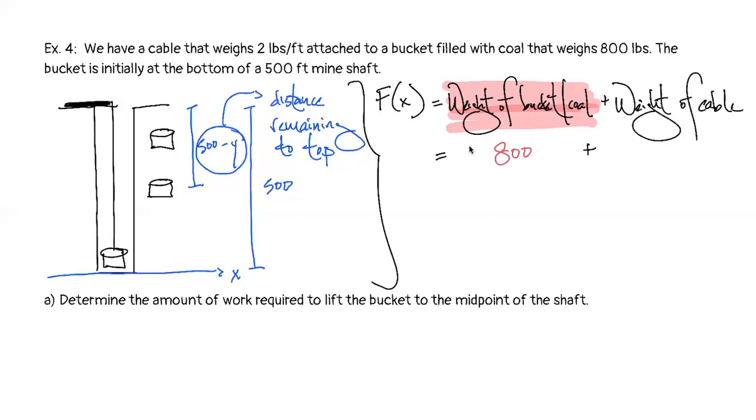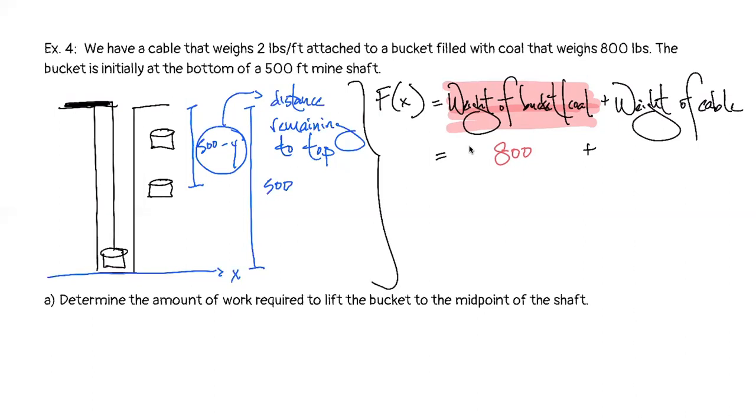My question though is, does the amount of the cable you're pulling change as you go up the mine shaft? Yes, it does. Okay. So when you say that the weight of the cable is constant, that's not quite true. It's not quite true because as you pull, you have less cable in the mine shaft.